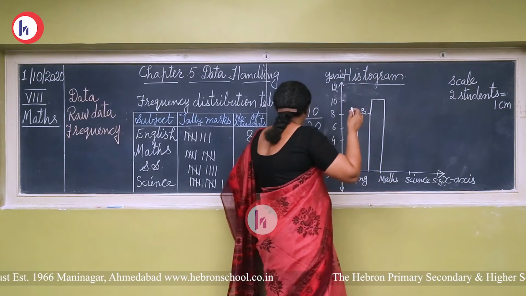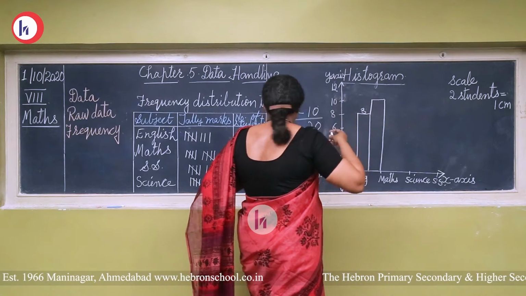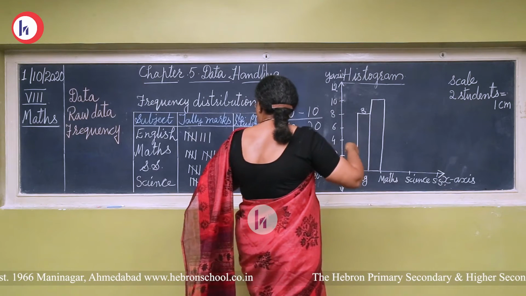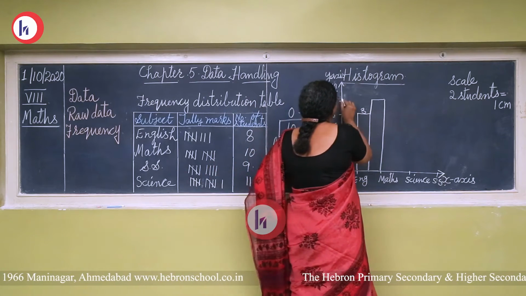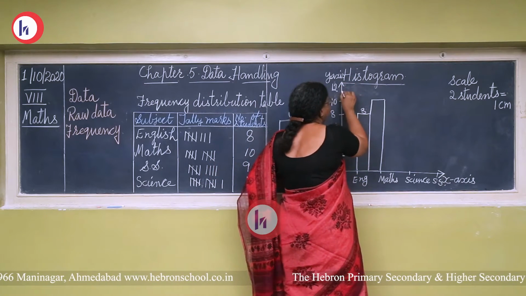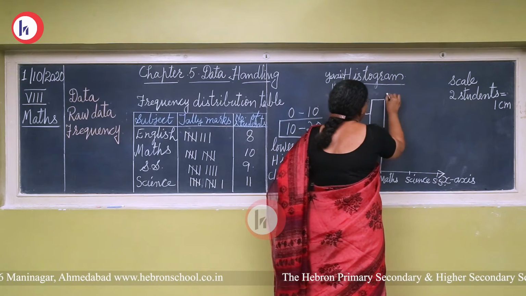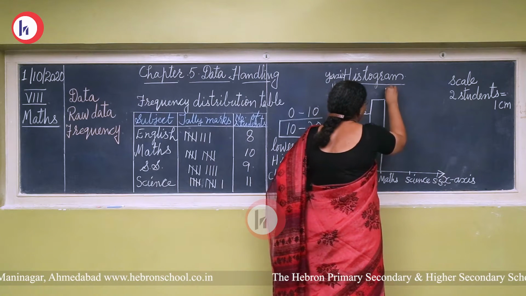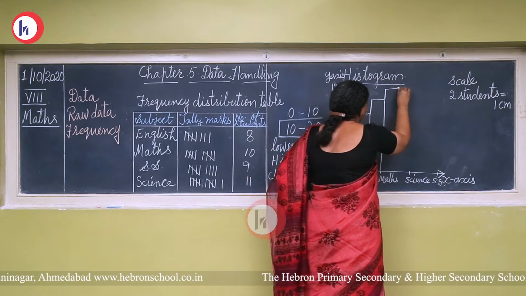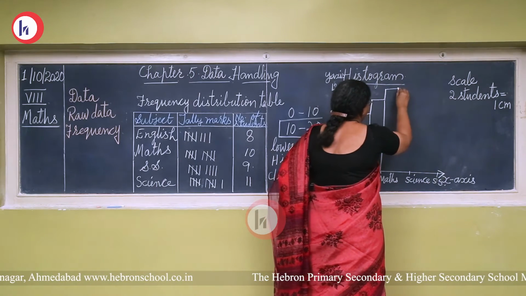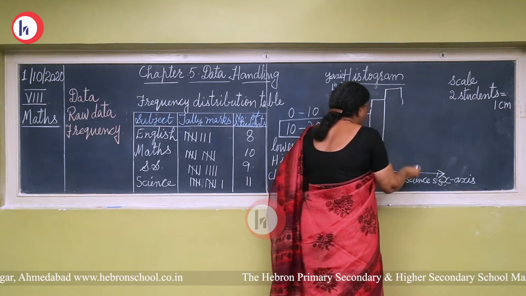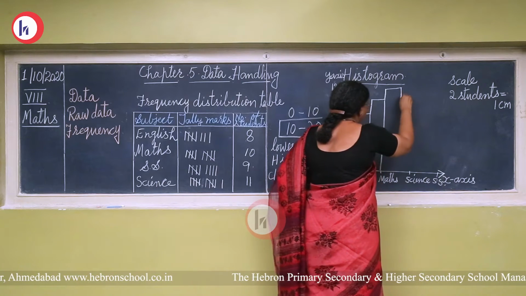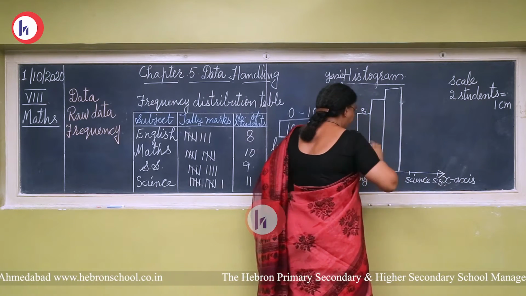Then again, first write science. Science is 11 students. So, between 10 and 12 comes 11. So, here exactly it comes. So, make science in this way.